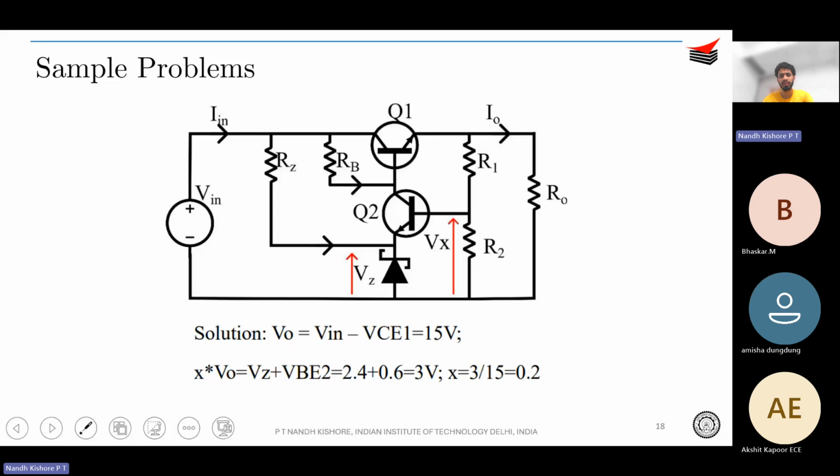So just have a look at this. Okay, so we'll just move ahead with the next problem.